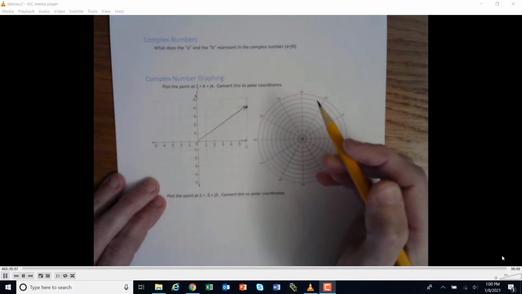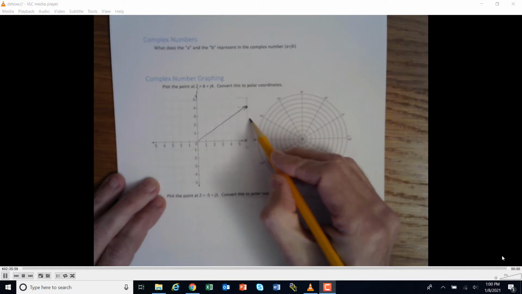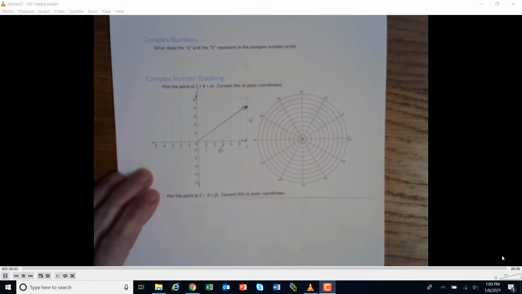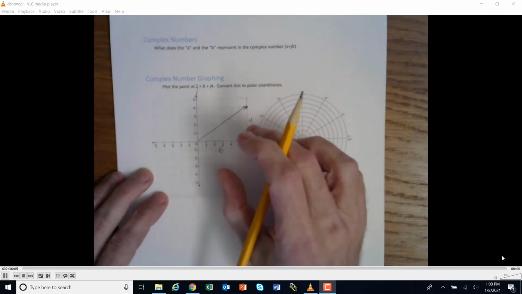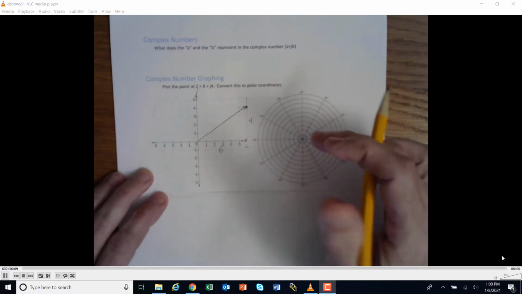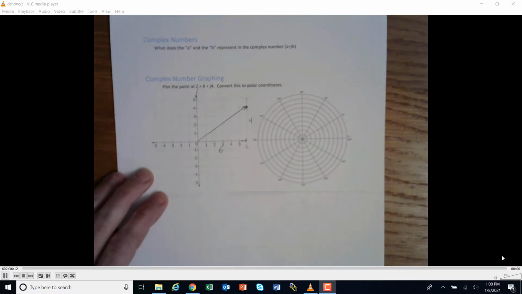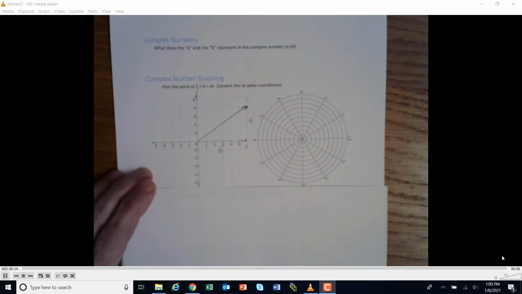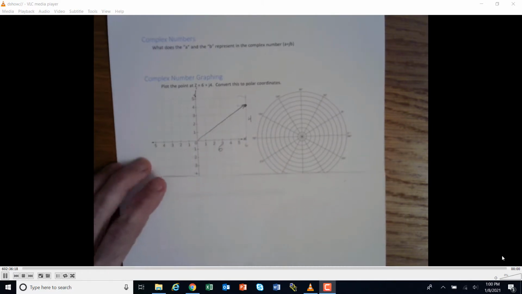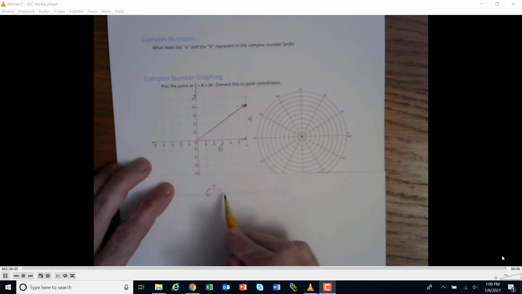So if we look at this, this side is 4 and this side is 6. If we wanted to get the components that we needed for polar, we need the hypotenuse and we need the angle. So what's the easiest thing to get first? Maybe the hypotenuse, and we know for the hypotenuse that c squared is equal to a squared plus b squared.